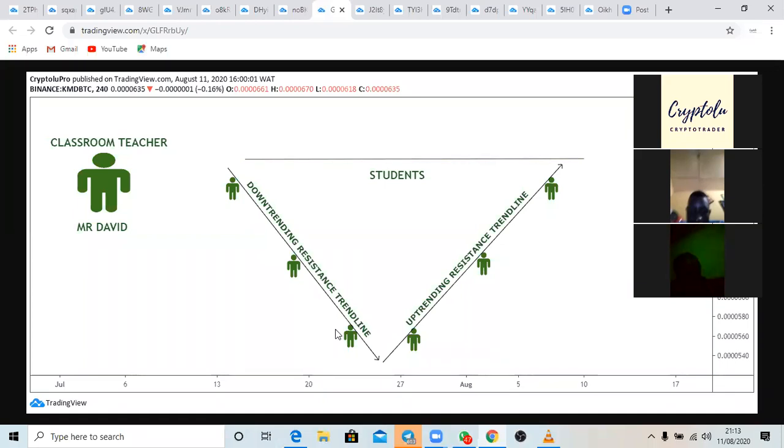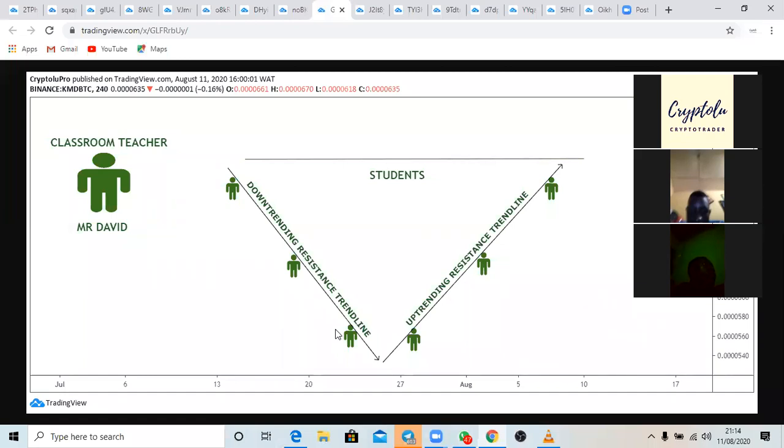Anyone? Okay, I know this is support. Jeffrey said support trend line. There's something I want in front of it, like I did for the first one. Let me give you a hint. It is coming down, it is serving as a support and serving as a trend line. Okay, good. Downtrend support trend line.